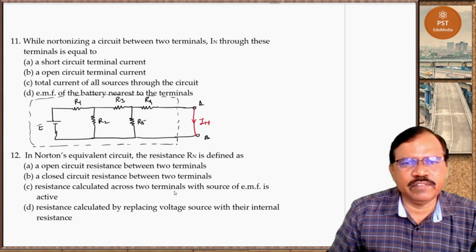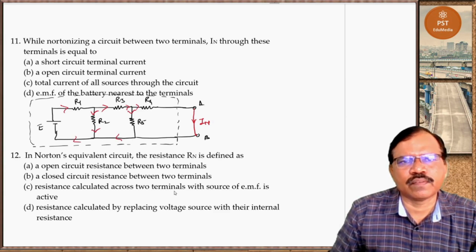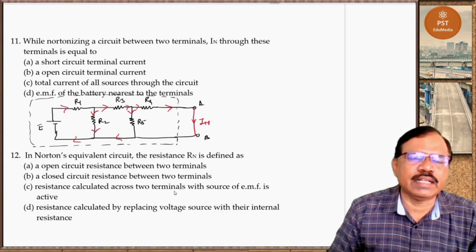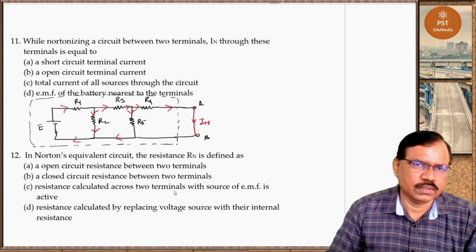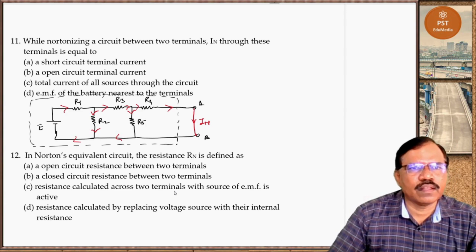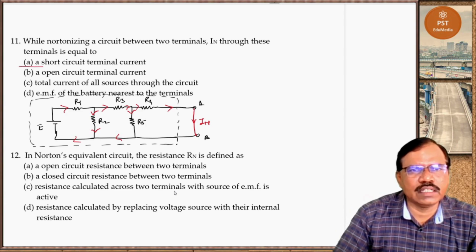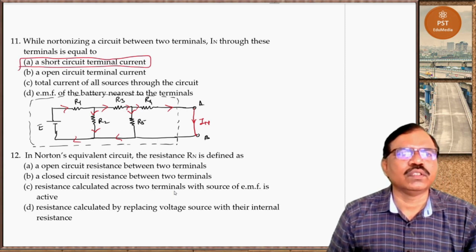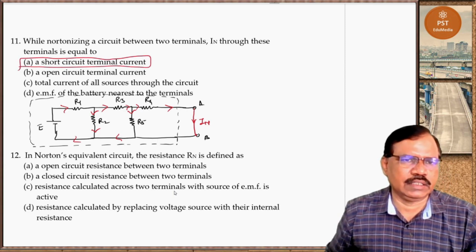So what happens when we short these terminals? Current will flow through this, like this, and whatever current goes through AB is the Norton current. So the short circuit terminal current is nothing but the Norton current. So this is about Norton current.